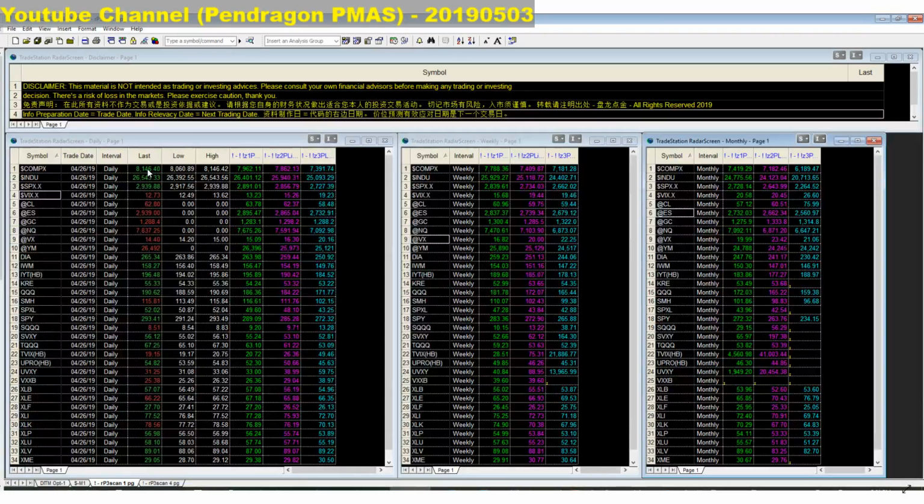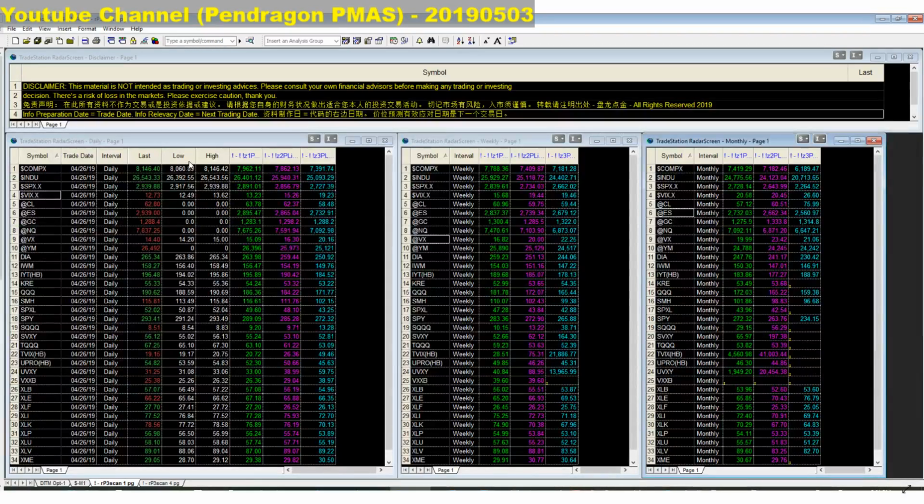The last transaction price for NASDAQ on April 26, 2019, it closed at 8146.40. So this way, if you have your own trading platform, you can verify that you're on the right product in the right trading day.